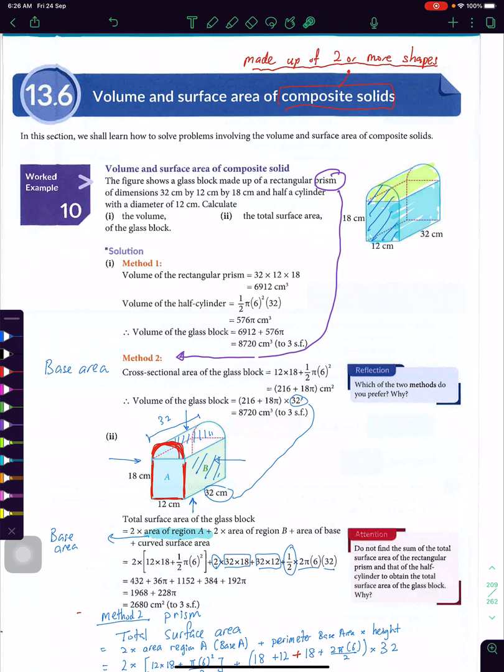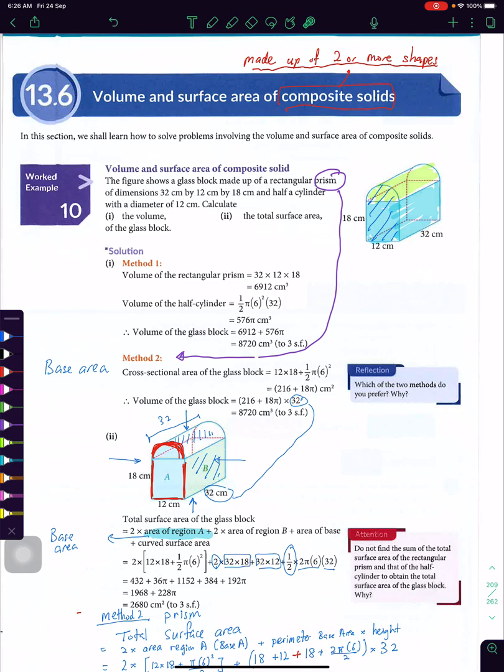So over here you take a look, they took 12 times 18, which is the area of the rectangle, plus half times pi times r squared, which is the area of a semicircle. So having done that, you have the base area, then I multiply by the height to get the volume of the block.